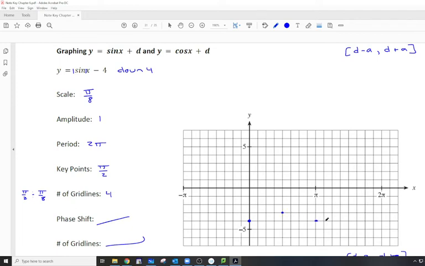In 4 grid lines, I'm going to go down to negative 5. In 4 grid lines, I'm going to go back up to negative 4. And then I can't fit any more, so let's go the other way. 1, 2, 3, 4, down to negative 5. 1, 2, 3, 4, back up to negative 4. And then I'm going to connect my dots. So this is my y equals sin x graph moved down 4.